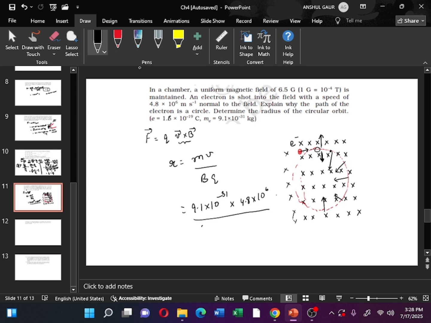B is the magnetic field, which when converted into Tesla is 6.5 into 10 to the power minus 4 Tesla, and q is the charge of the electron, which is 1.6 into 10 to the power minus 19 coulomb. Simplifying, we get the result as 4.2 into 10 raised to the power minus 2 meters, or 4.2 centimeter. This is the radius of the circular path.